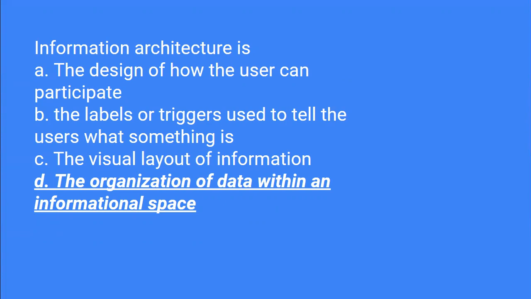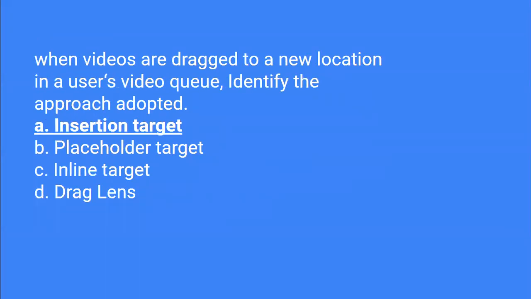The answer is option D. The organization of data within an informational space is called information architecture. When videos are dragged to a new location in the user's video queue, identify the approach adopted. The options are insertion sort, placeholder, target, inline target, drag lines. The answer is insertion target.